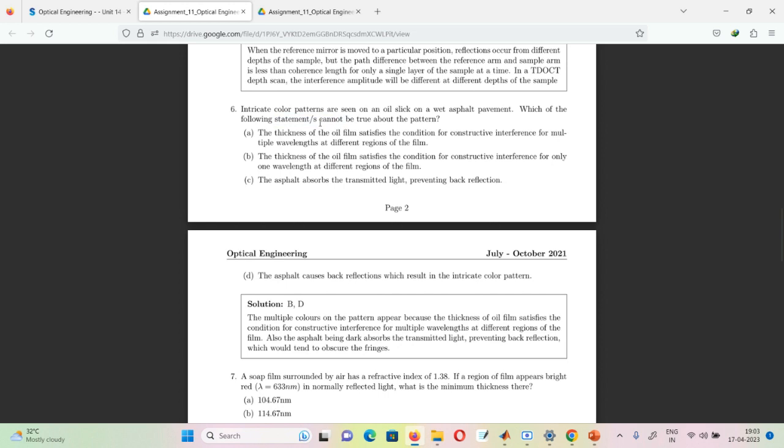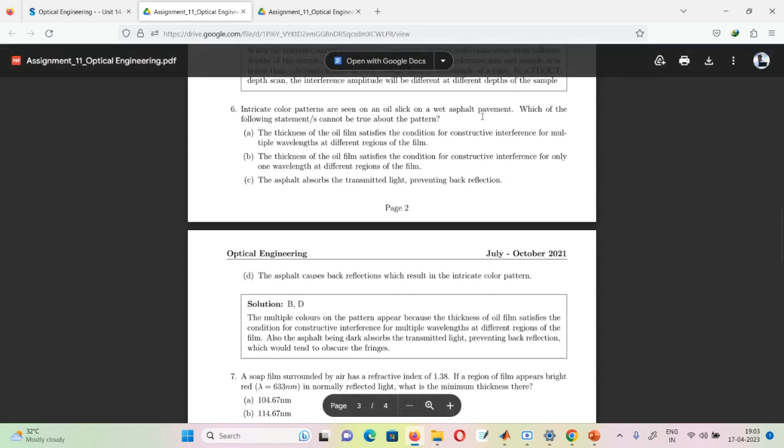Now, how are you seeing different patterns in a pavement?